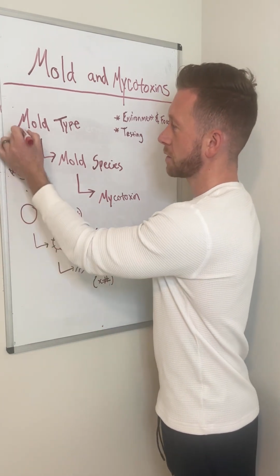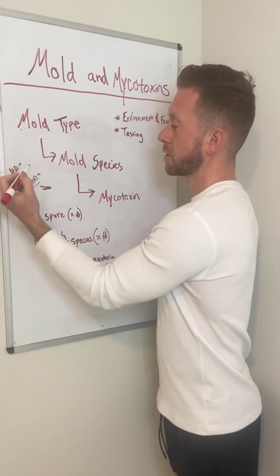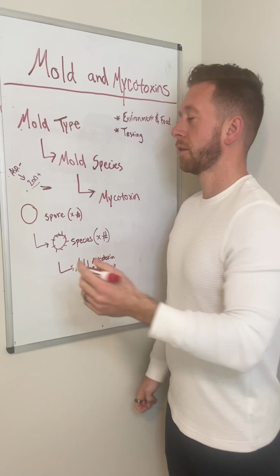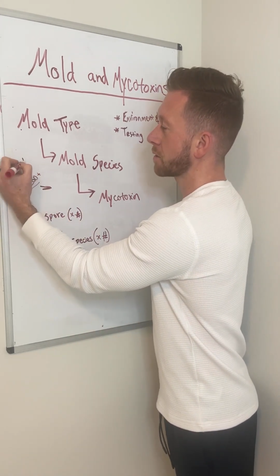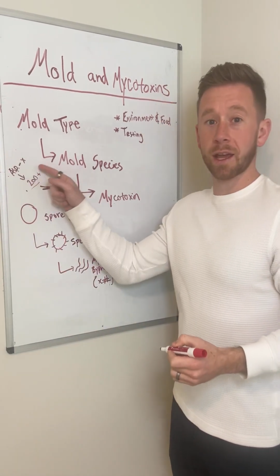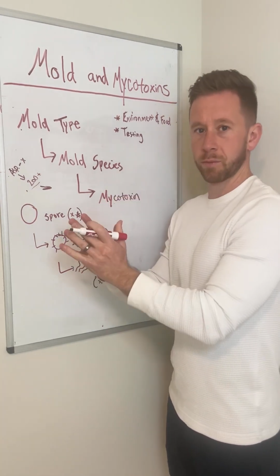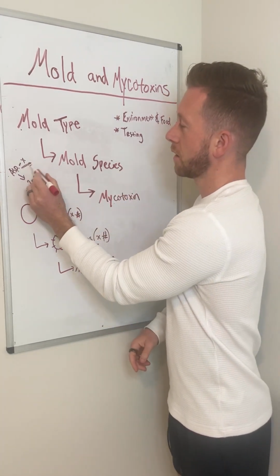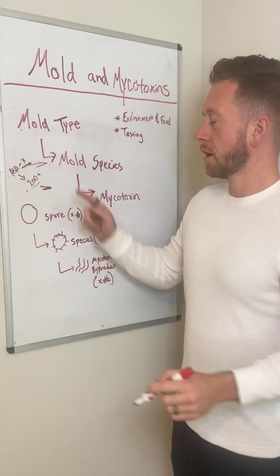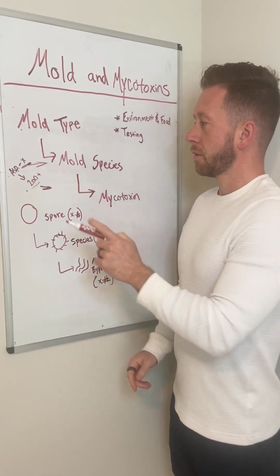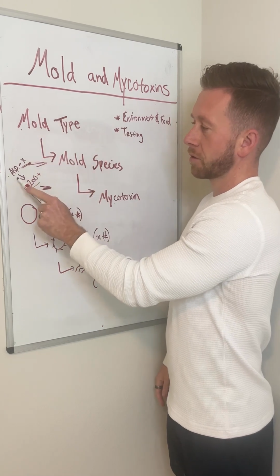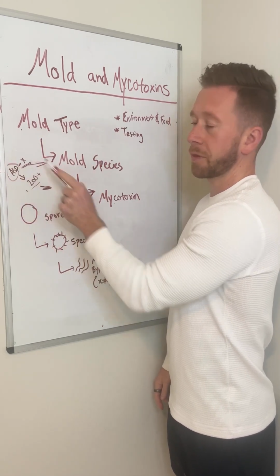So you have Aspergillus, mold type, then you have Aspergillus, let's say, there's that second name there, okay? So let's just say whatever that second name is after Aspergillus. So when you look on an ERMI test, you see Aspergillus blank. That second name is the species type, okay? When I talk about testing, there's certain tests that just do the type, but not the species.